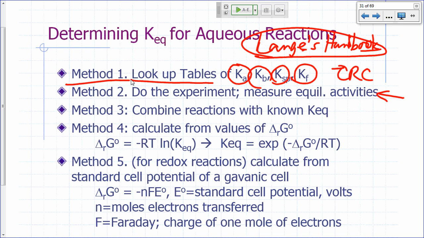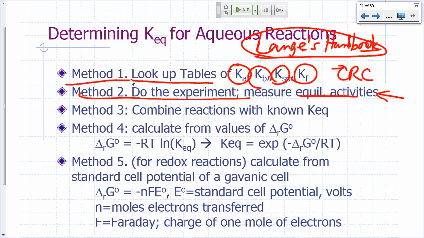Okay, so that's one way. That's the most straightforward way. The second one is just to do the experiment, and you measure your activities at equilibrium. Now, one thing you'll find when you do this in the lab is, remember we said when we use concentrations and partial pressures as activities, we are in a way just approximating. So there's a lot of finer details that we're not going into at this level.